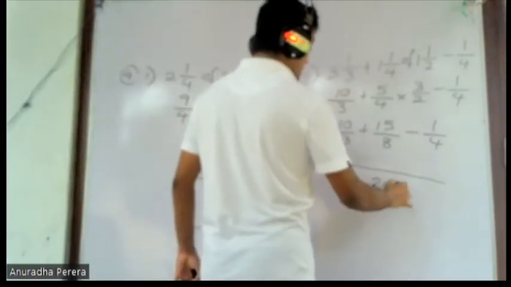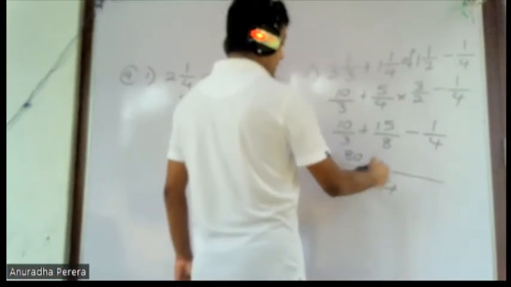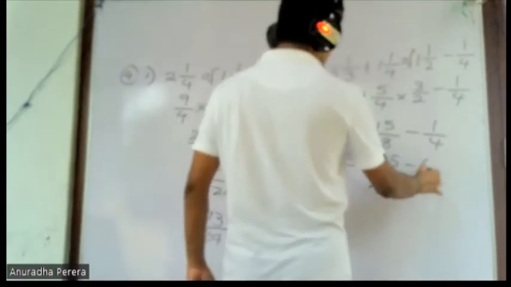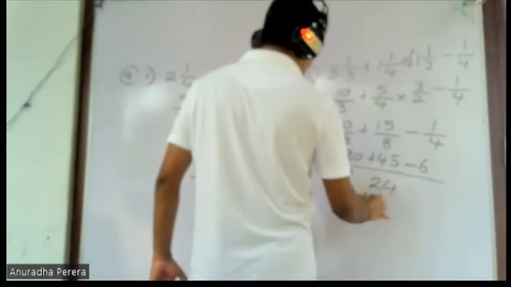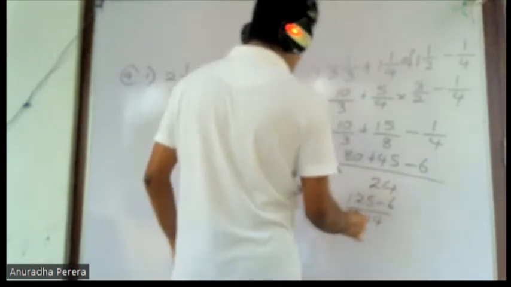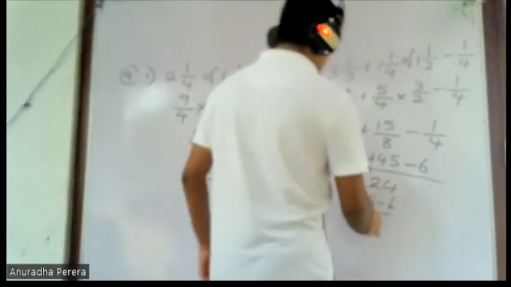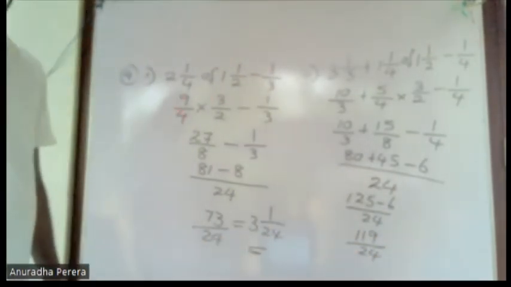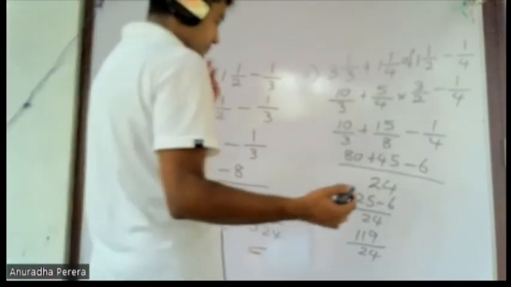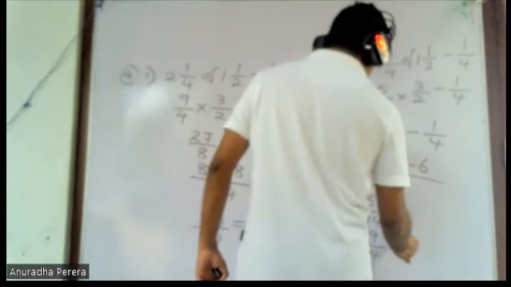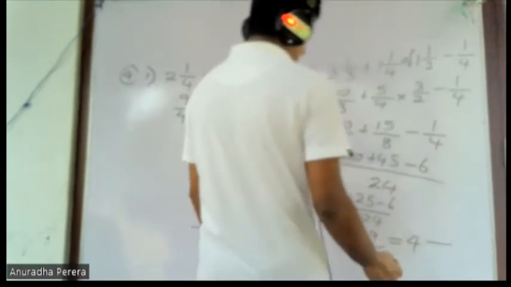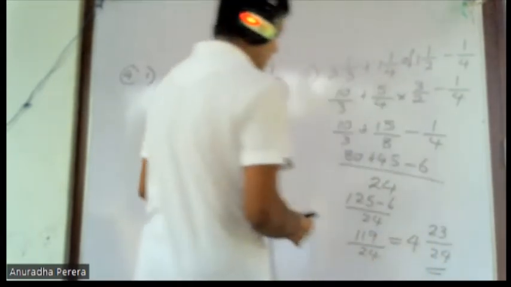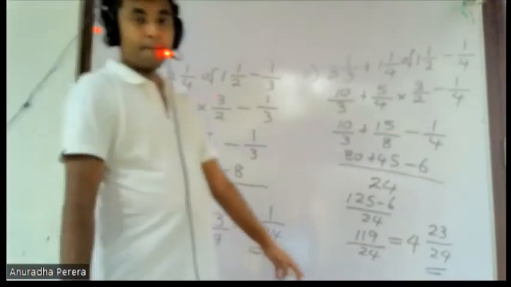Dividing 24 by 3, 8 into 10, 80. 24 by 8, 3 into 15, 45. 24 by 4, 6 into 1, 6. 125 minus 6 over 24. 119 over 24, which is 4 23 over 24. Is this the answer? Yes, sir. Right.